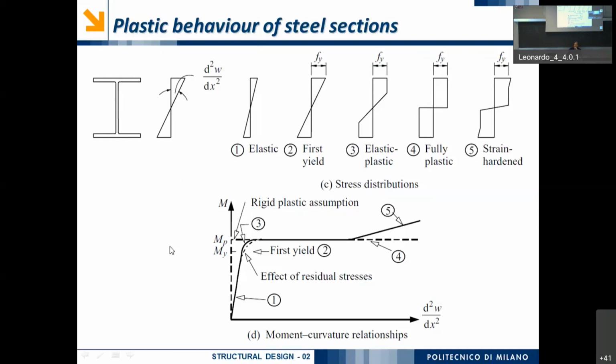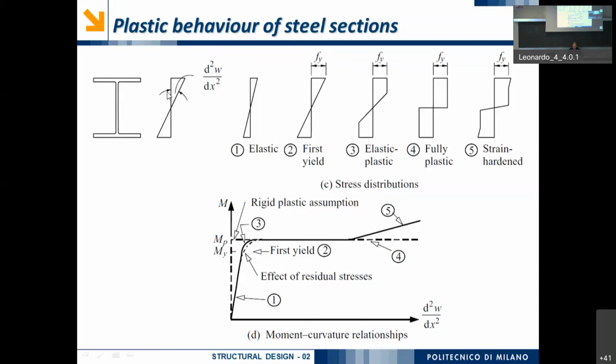And I can also draw a diagram in which on the vertical axis I can have the bending moment, and on the x-axis I can have the curvature, okay? So we have seen that the profile of strain continues to be linear also in the elastic plastic range.